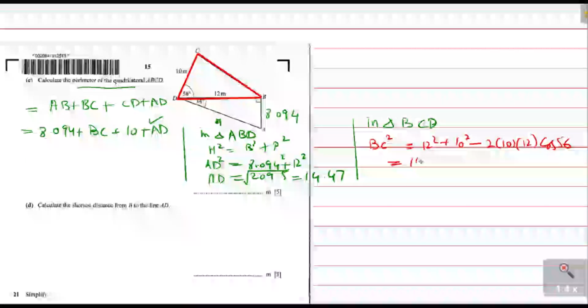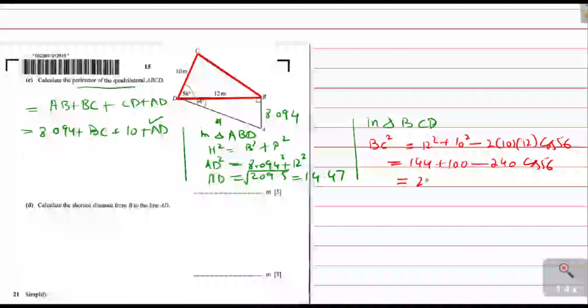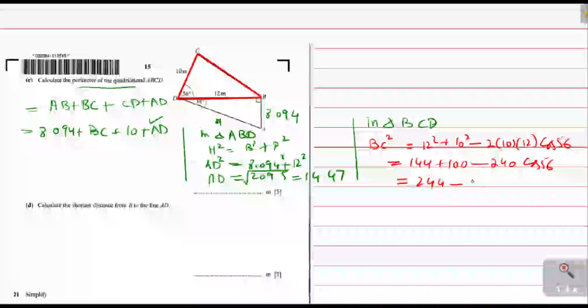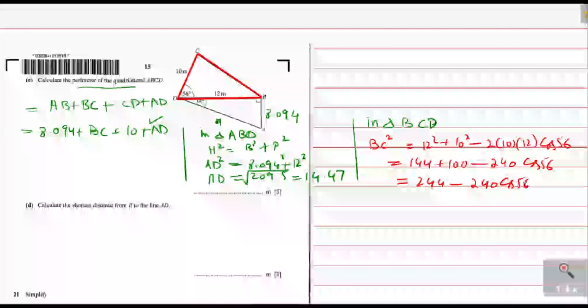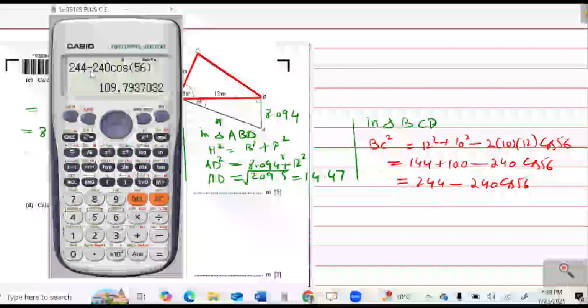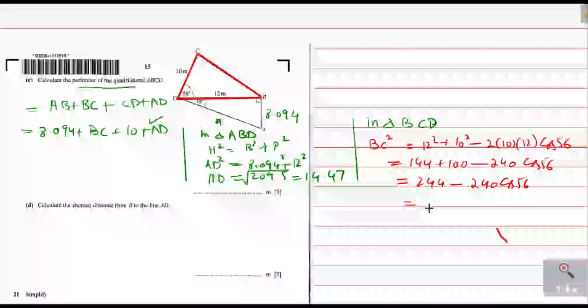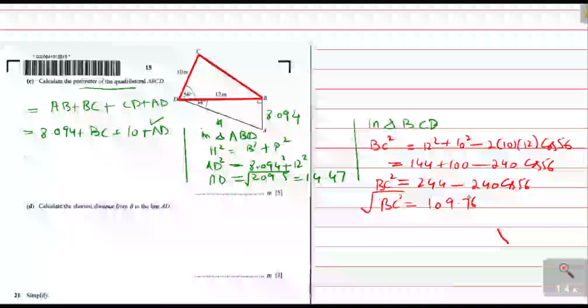This is equal to 144 plus 100 minus 240 cos 56, and this is 244 minus 240 cos 56, and this will be equal to 244 minus 240 cos 56, that's equal to 109.76.